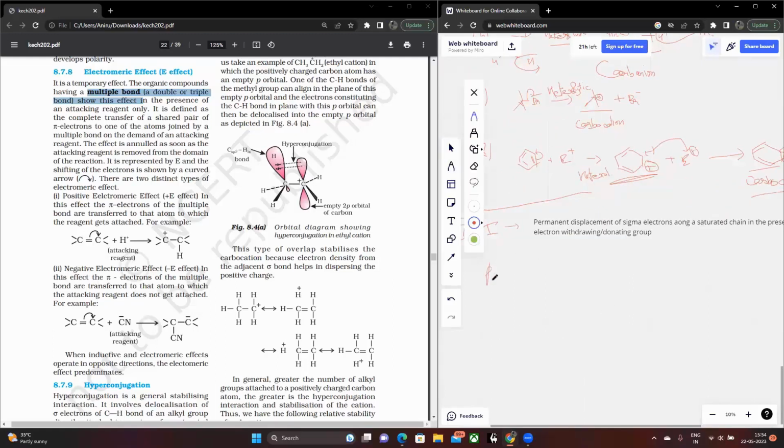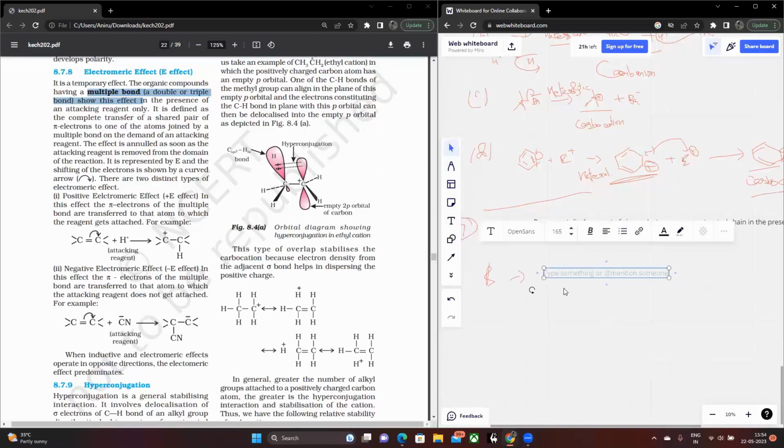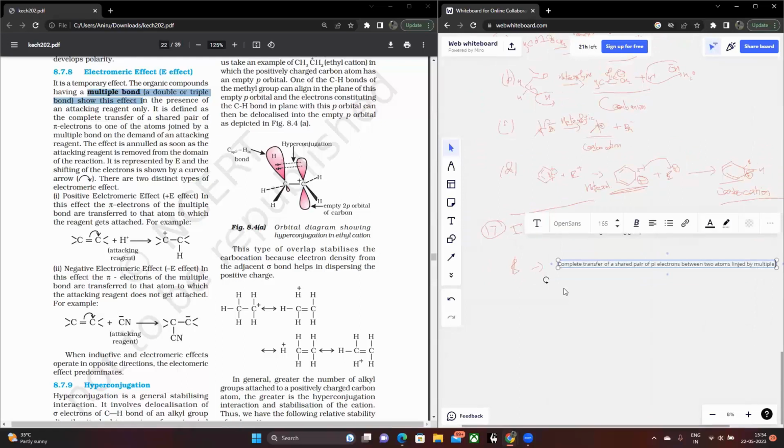So if I have to denote the E effect, I'll write it down in text form as the complete transfer of a shared pair of pi electrons. This does not occur with sigma electrons, so it only occurs between pi electrons, between two atoms linked by multiple bonds.